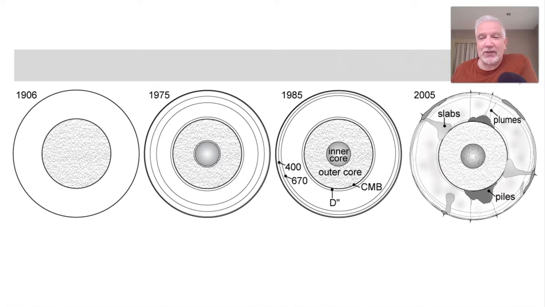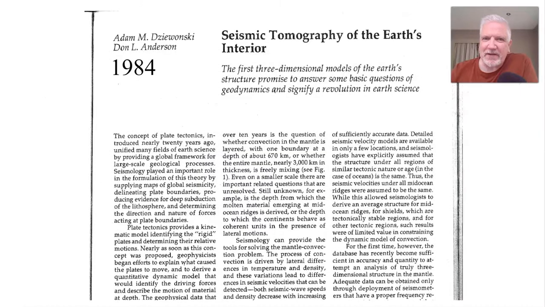And by the time we get to 2005, doesn't that begin to look remarkably like the model we've been exploring? We're now getting to the stage of being able to really test out the model and see in remarkable detail what's going on down there.